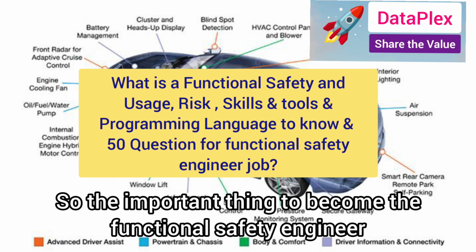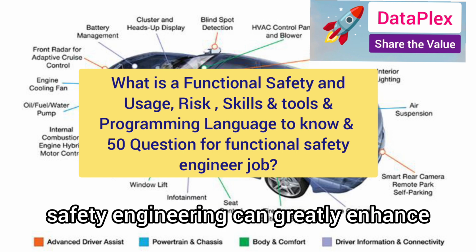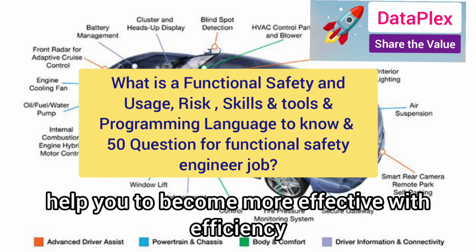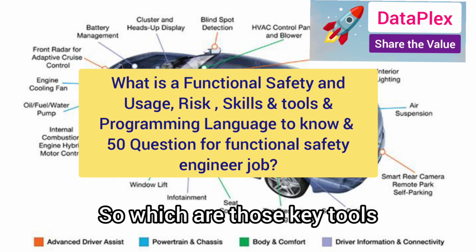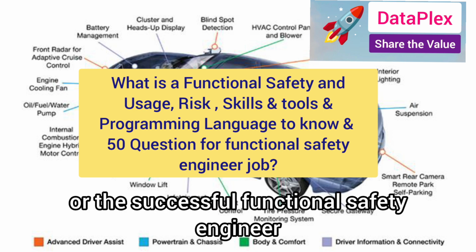The important thing to become a functional safety engineer is that you need to know the various tools and software used in the field of functional safety engineering, which can greatly help you become more effective and efficient. So which are those key tools and software you need to know to become a successful functional safety engineer?